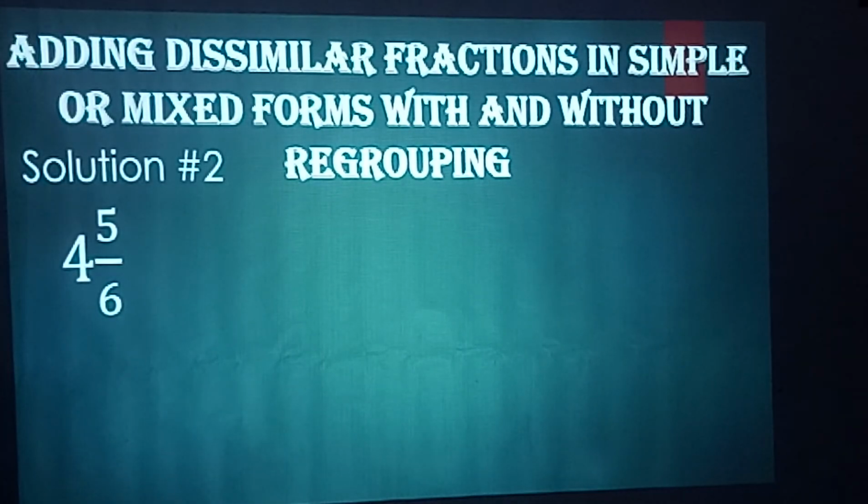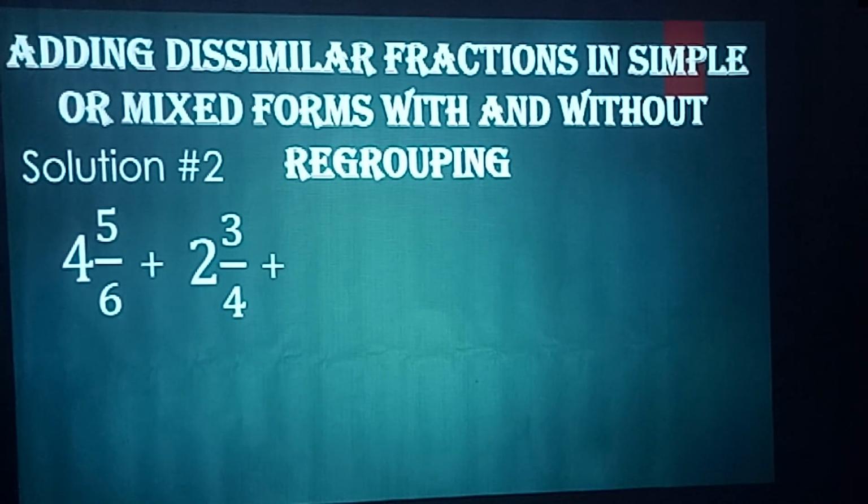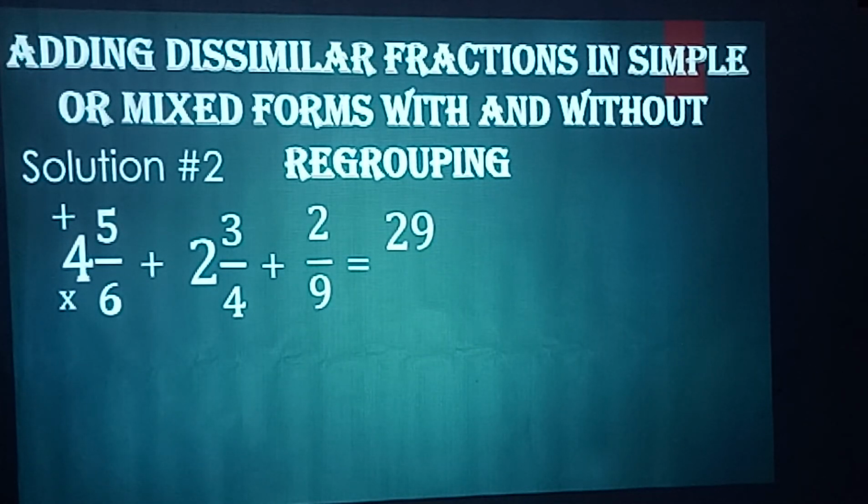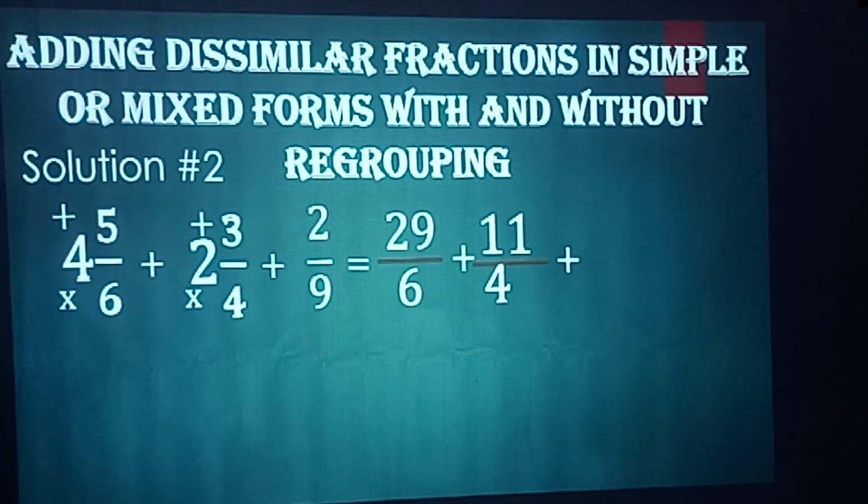So that is 4 and 5/6 plus 2 and 3/4 plus 2 over 9, which is equal to 6 times 4 plus 5 is equal to 29 over 6, plus 4 times 2 plus 3 is equal to 11 over 4, plus the 2 over 9.